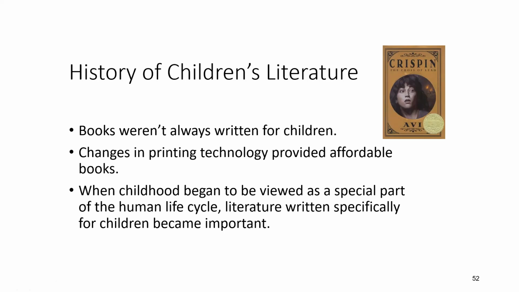Ganun lang naman yan. And mas marami na rin nakakabasa. When childhood began to be viewed as a special part of the human life cycle, literature written specifically for children became important, thanks to Hans Christian Andersen, thanks to the moral development of Jean-Jacques Rousseau, and so on. Thanks to John Locke as well.